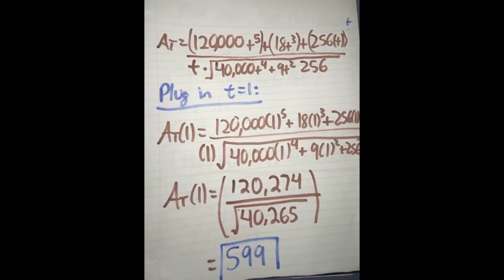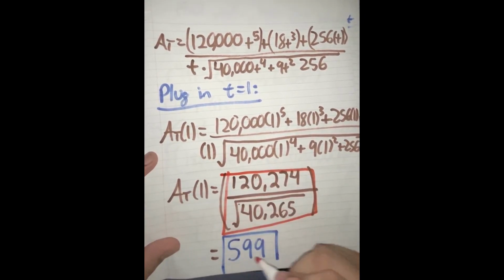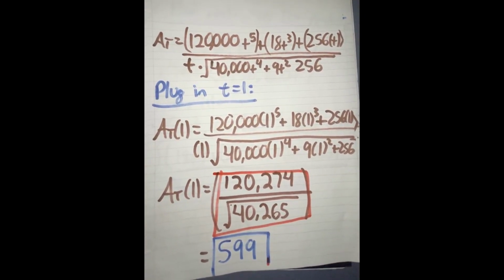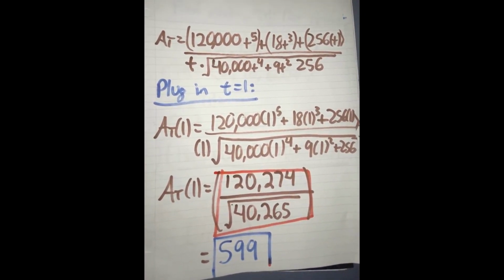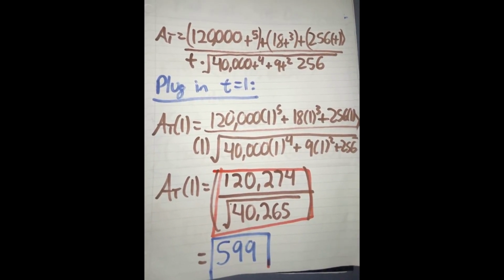So either one of these two answers will be acceptable. You can either present your answer like this, or you can compute it in your calculator and get 599 point some decimal. But anyways, that's how you compute the tangential component of acceleration.